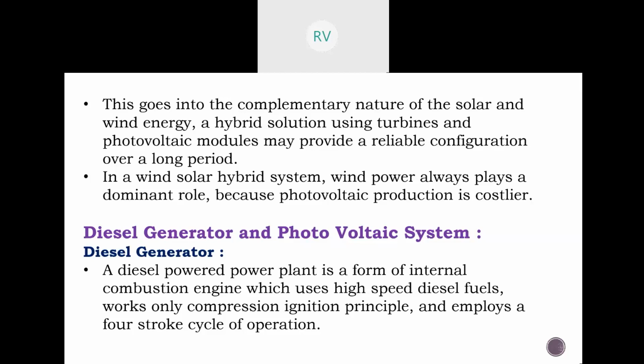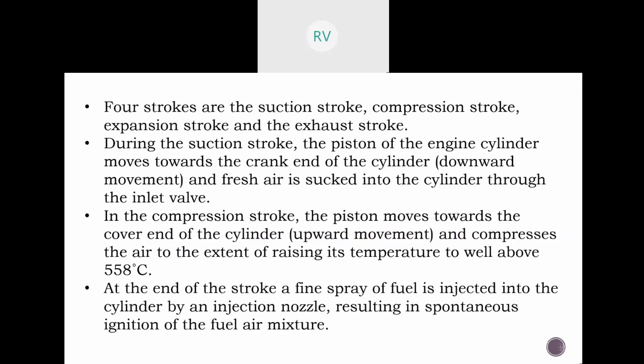But in the compression ignition, what happens is the air which we are taking will be compressed such that the temperature of the air will be increased, and that will produce the required heat for the start of the process. Okay, so there are two types, the compression ignition as well as the spark ignition. Here we are using a compression ignition along with a four stroke cycle of operation. We'll see what the four strokes are and how this is done.